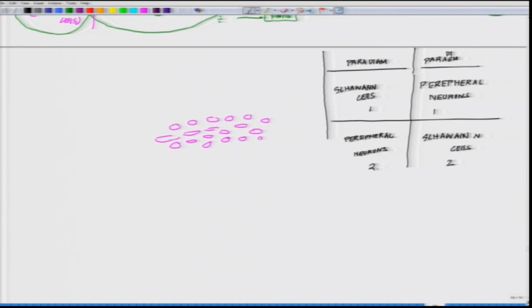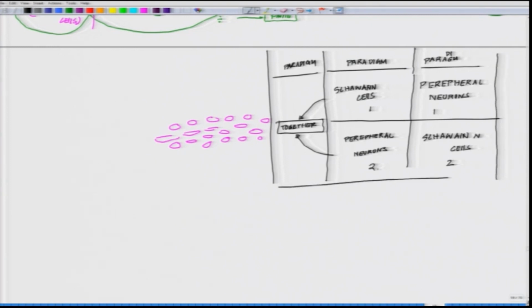Or you could have a third paradigm where you put the Schwann cells and the peripheral neurons together. There are only three things you can do. So, if you break up the problem right, then in one of the three experiments, of course your luck has to be on your side and your hard work also, you will be able to achieve the goal.